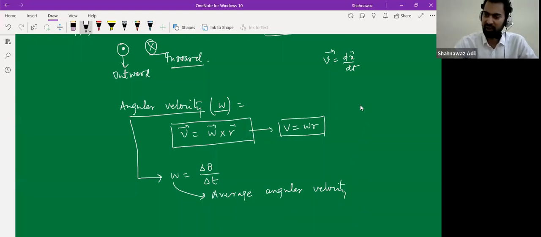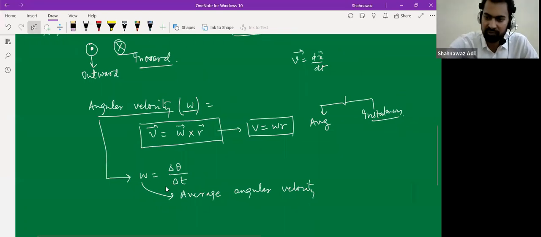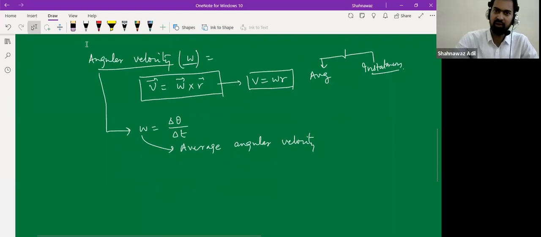Do you guys recall that in the velocity part, I did two parts. One was the average and one was the instantaneous, right? So what will be the instantaneous angular velocity?